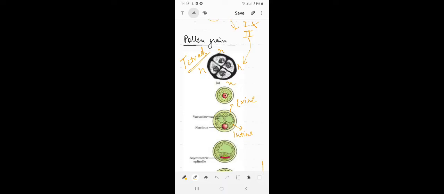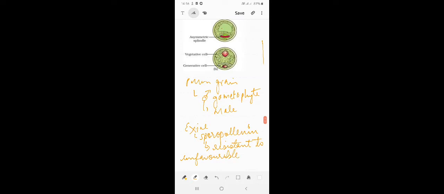Exine is made up of a very special protein, that is sporopollenin. The main function of this sporopollenin is that it makes the pollen grain resistant to various unfavorable conditions, and because of that we can preserve pollen as fossils.